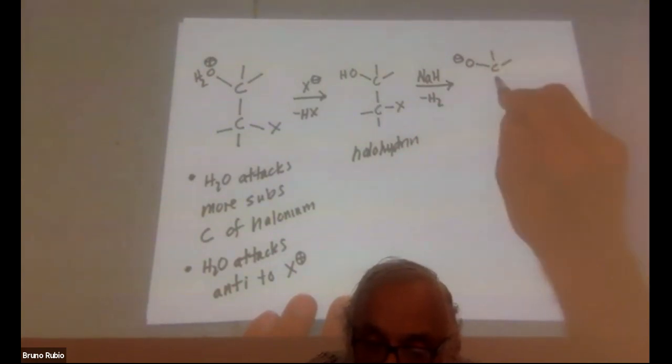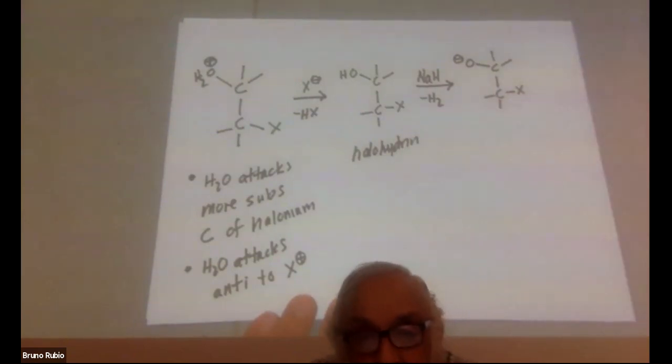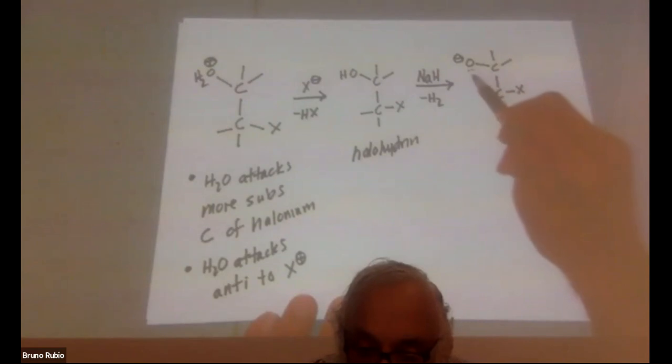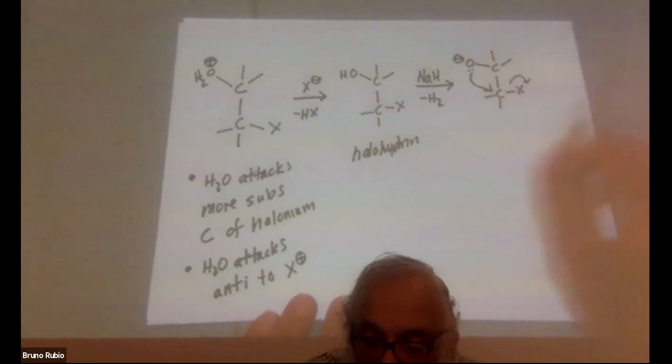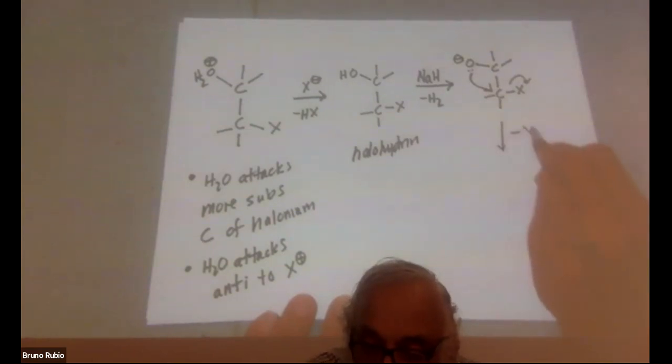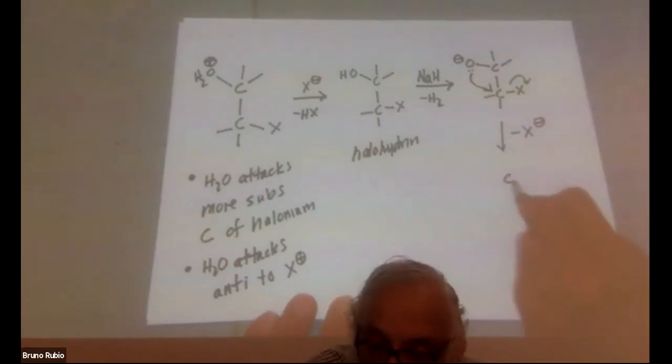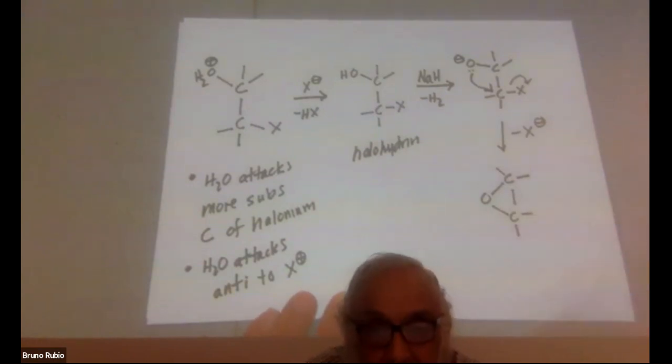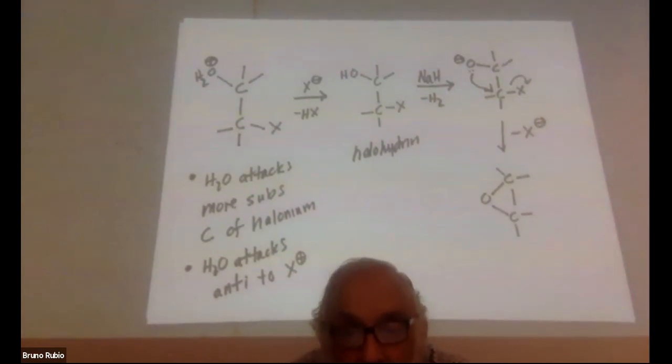And what I've set up here is the ideal situation for an SN2 intramolecular reaction. So this oxygen attacks this carbon, kicks out the leaving group, X minus, and finally and at last, there is our epoxide made in this other way using a halohydrin.